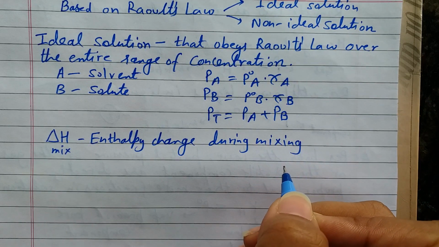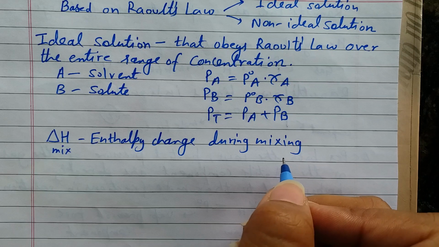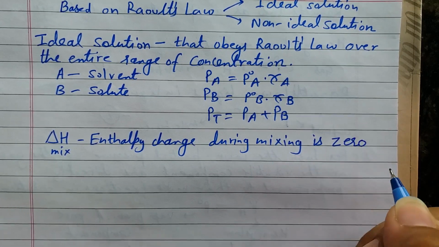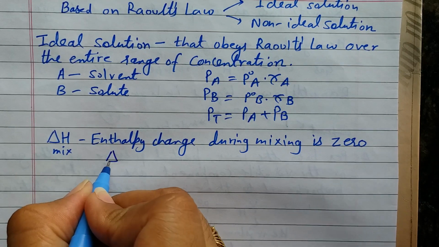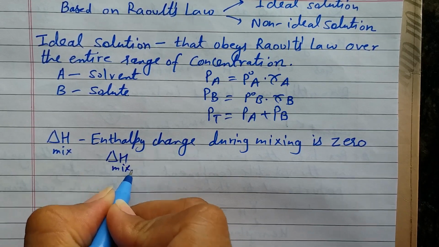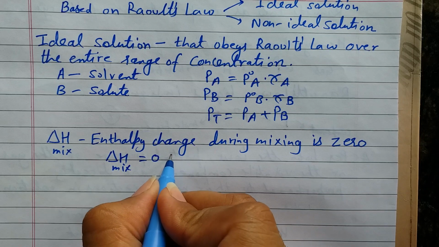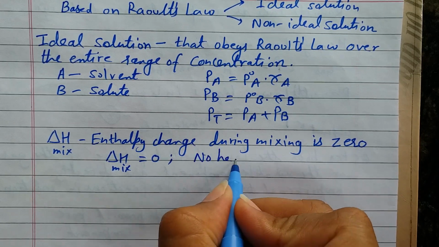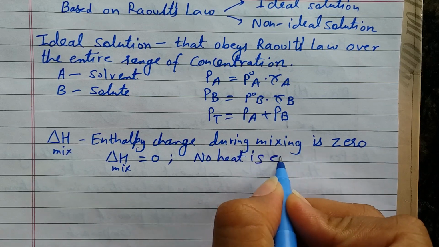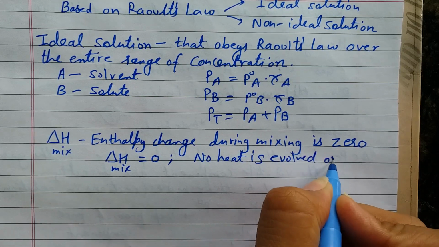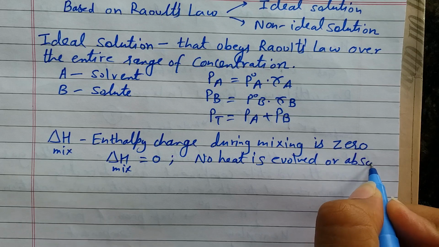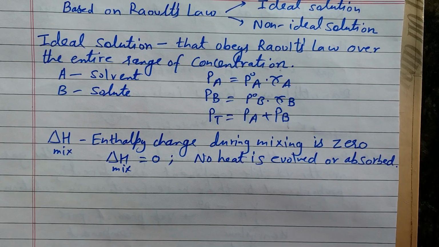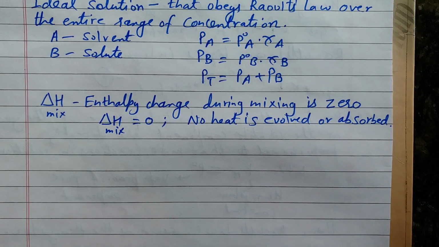In case of an ideal solution, delta H mixing is equal to 0. What is the meaning of this? Enthalpy is 0, that means no heat is evolved or absorbed during the formation of an ideal solution.